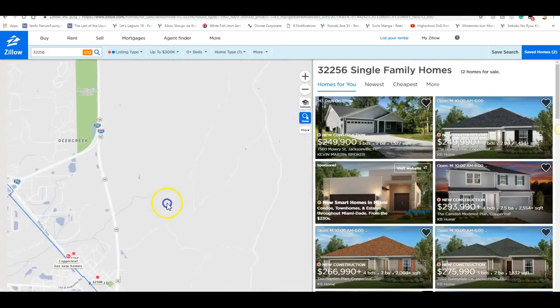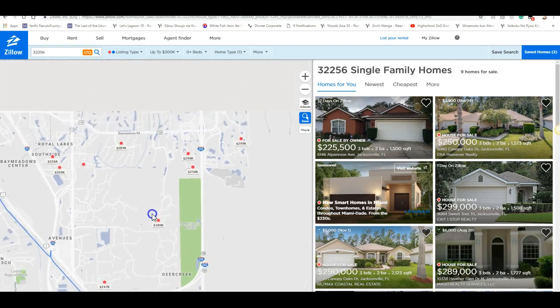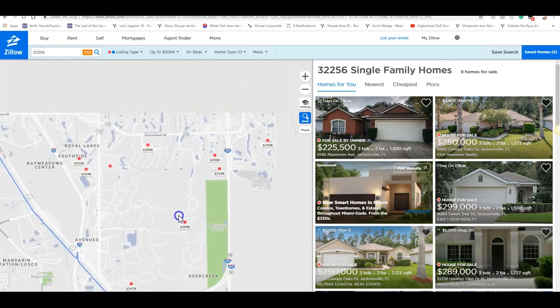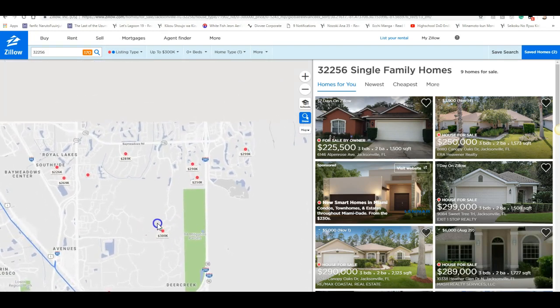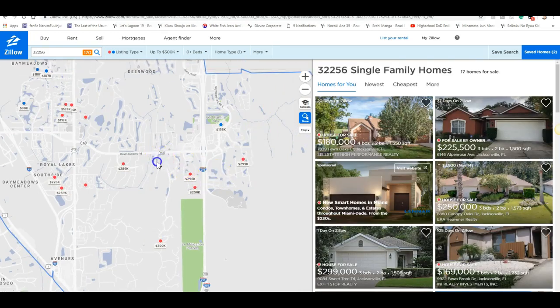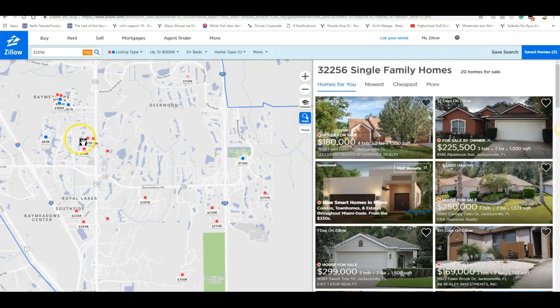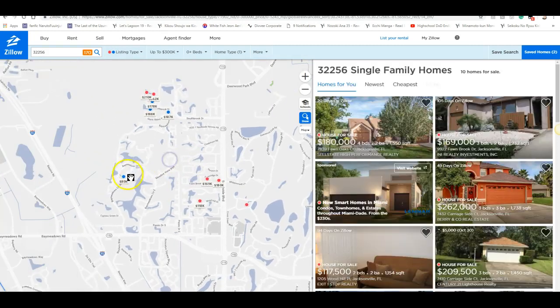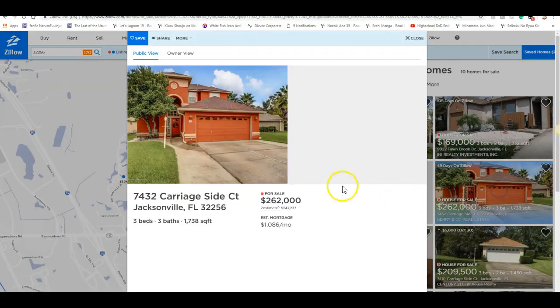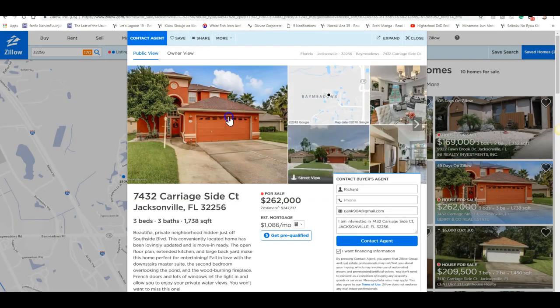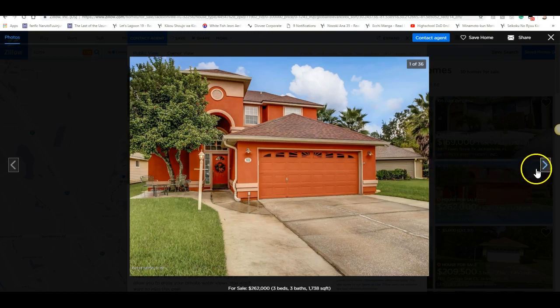I'm not really going to show you where I live exactly on the map, but the houses' price is not that much. I don't live that far from that zip code. Oh, look at this cheap house. Like this house right here, I wouldn't mind getting. So here's something like 262,000 or whatever.